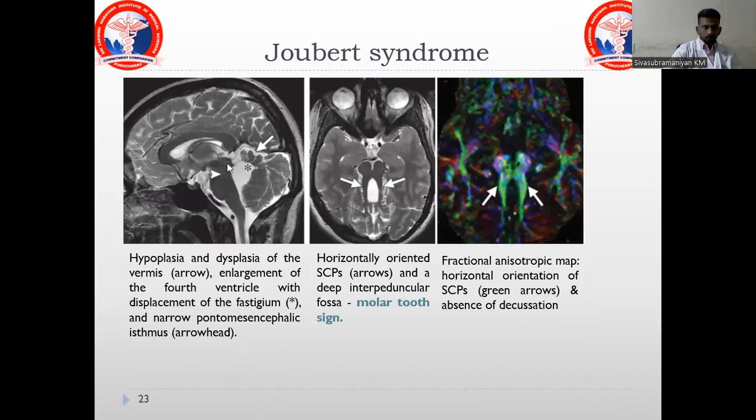So this is an abnormal brain MRI. Here you can see that the superior cerebellar peduncles are abnormally elongated, and this is the diffusion tensor imaging, also showing the abnormal white matter tracts that go along the superior cerebellar peduncles. And you can see the fourth ventricle is abnormally large, and the vermis is showing hypoplasia.